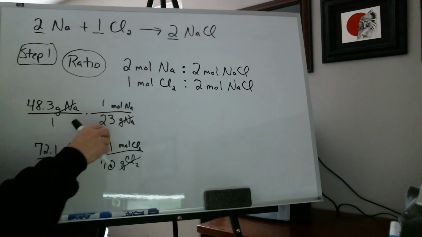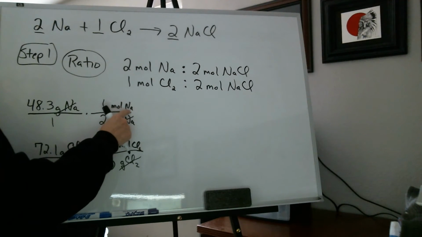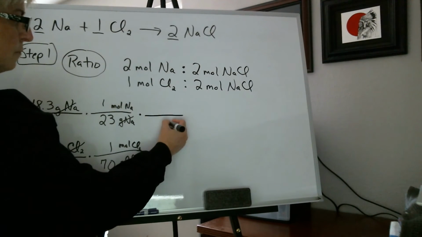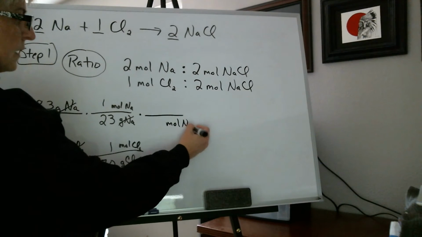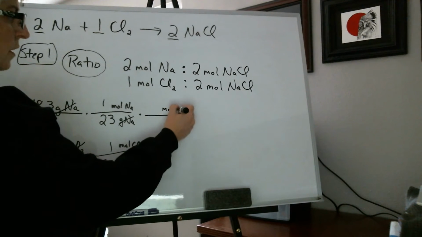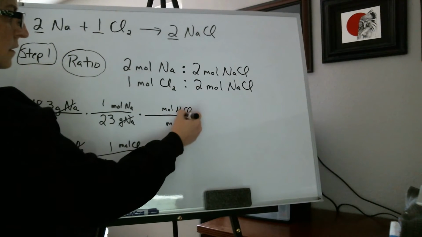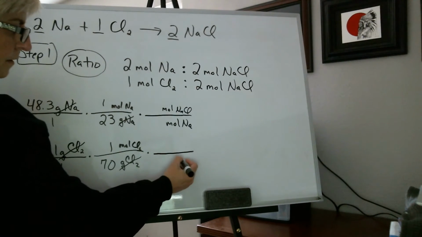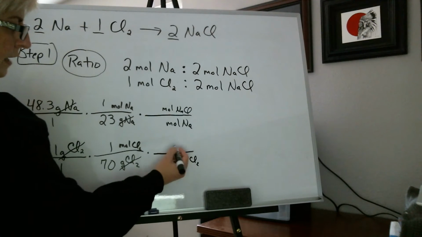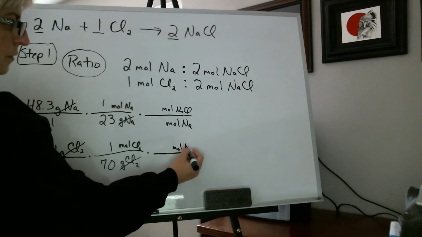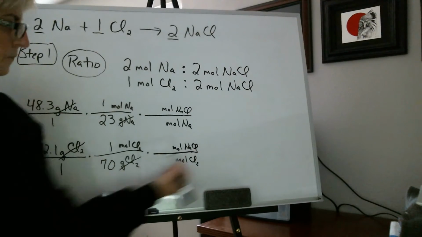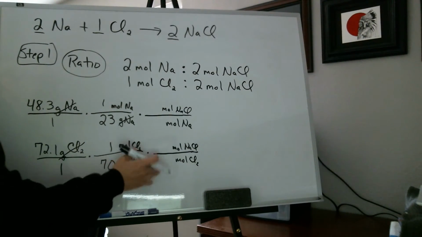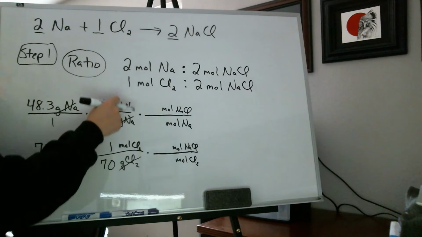Now, following our roadmap, we want to go from moles of sodium to moles of sodium chloride. So I want to get rid of moles of sodium, and I want moles of sodium chloride. And down here, I want to get rid of moles of chlorine, and I want moles of sodium chloride. So we just look up here where we did our handy dandy ratios.